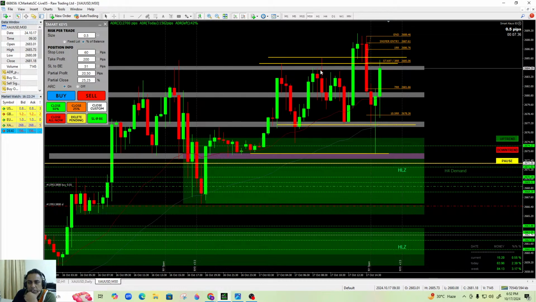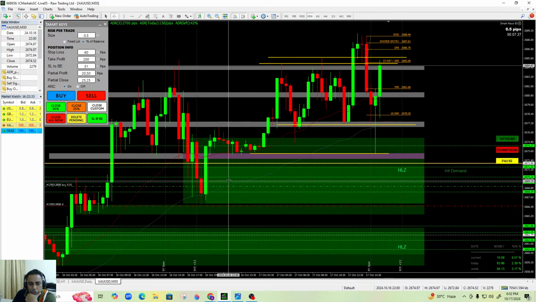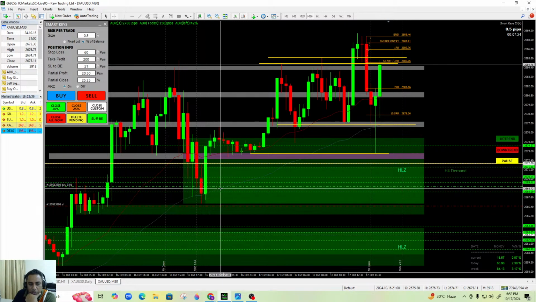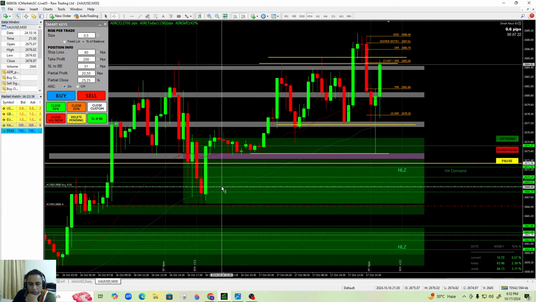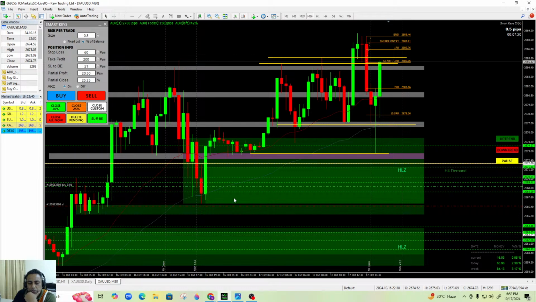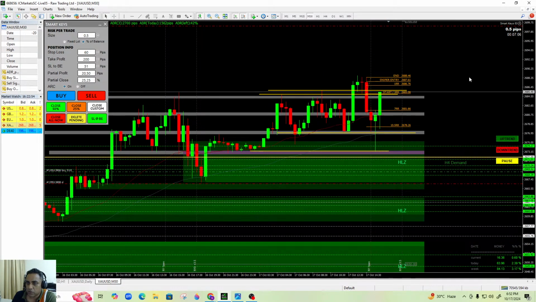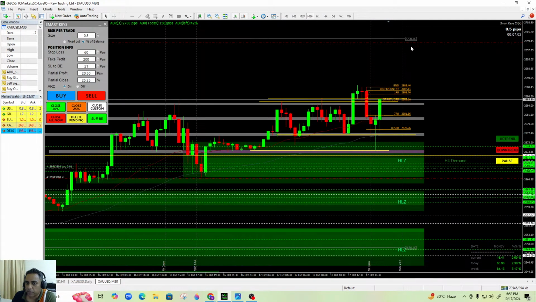So 160 pips on one trade, 170 pips on one trade, and the last trade is running at about 160 pips as well. Stop loss for all of them was just under this candle, so on average about a 20 pip stop loss, 20 pips or lower on all 3 trades. I closed 2 at 170 pips and 160 pips, and I'm holding the last one to this. If you get here, that'll be 300 pips.